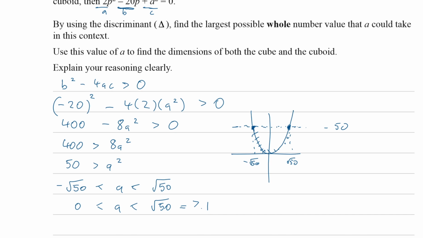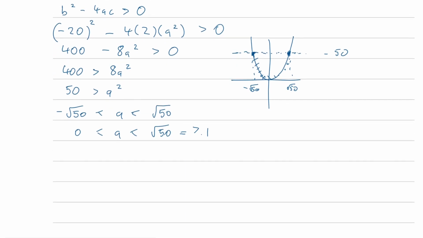Okay, so let's try 7, I guess, right? So we could try A equals 7, because that's a whole number, and it's as big as it'll get within our range. Now we just need to see that it works in this context.